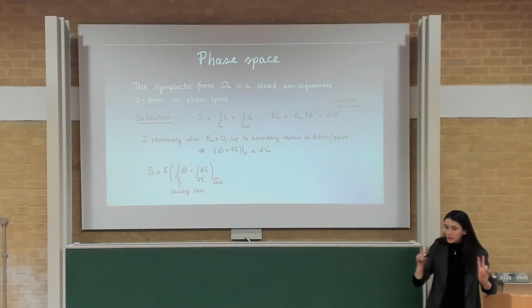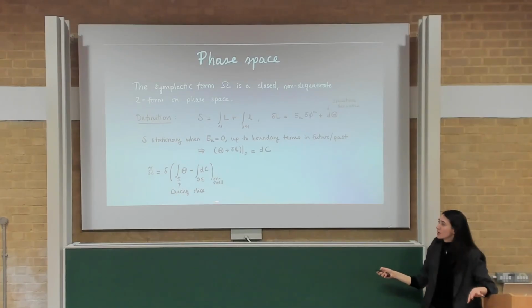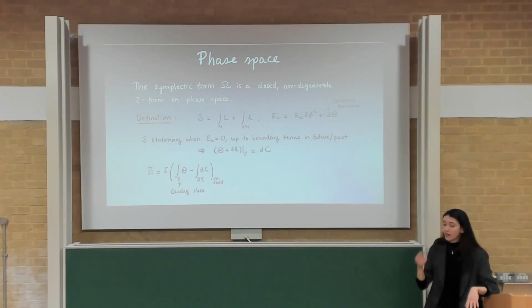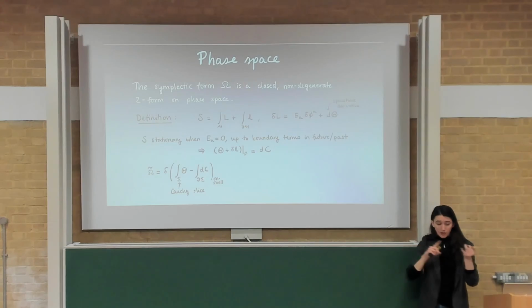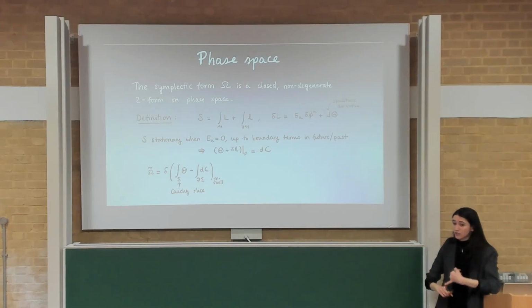And the pre-symplectic form, which might not be invertible, corresponds to an integral of these quantities over a Cauchy slice, and then a phase space variation. So the takeaway is that boundary terms in the action are important when you're calculating symplectic forms, and this will come back to bite us later.